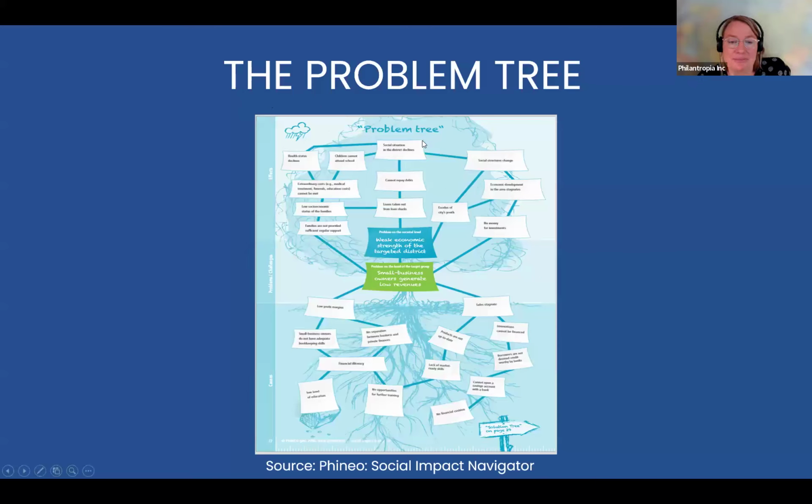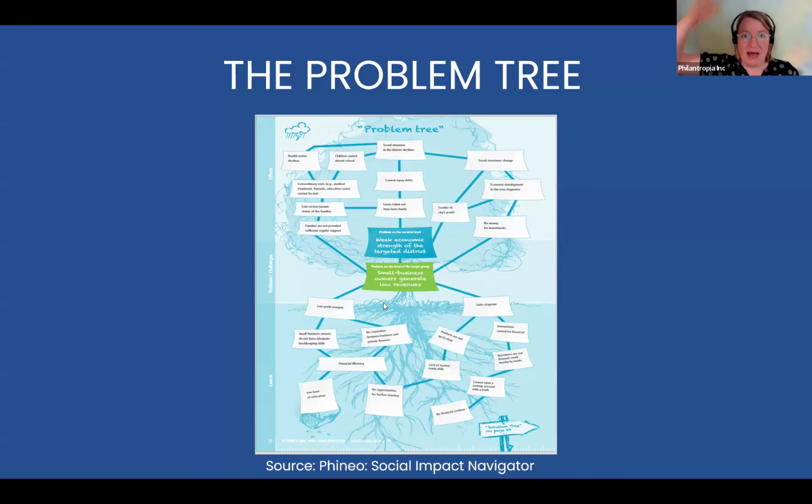And the top part of the tree are the effects of the problem. What happens next? Because kids don't go to school, they have a low education level and maybe don't get a good job. Because kids don't go to school, domestic abuse is not caught because kids don't show up. Because kids don't go to school, there's no trust relationship between school and parents.